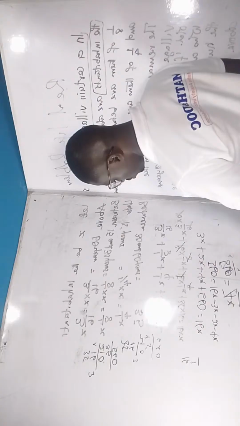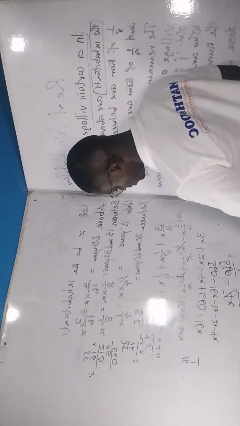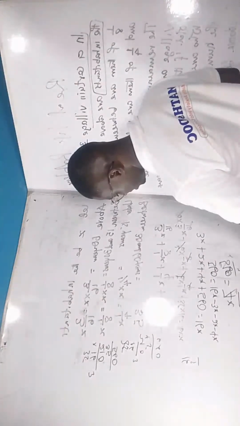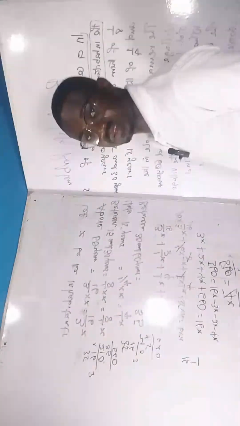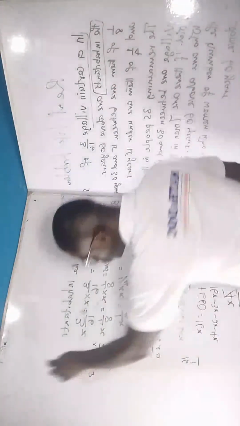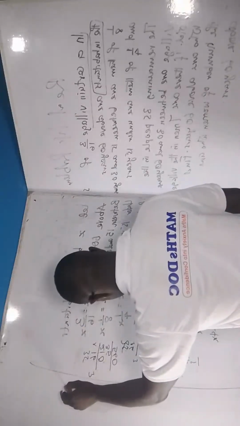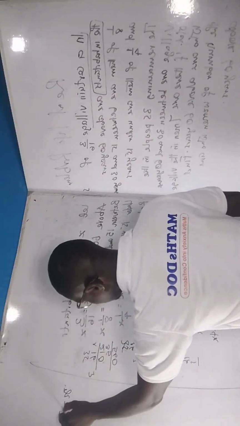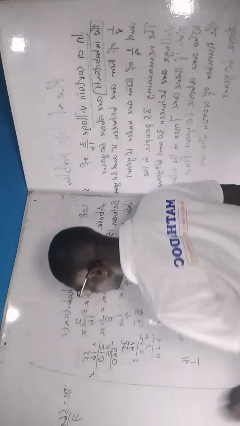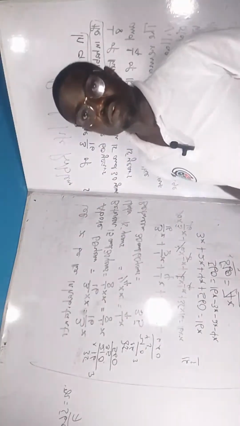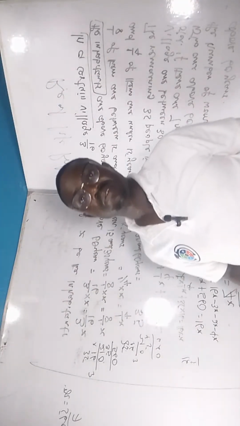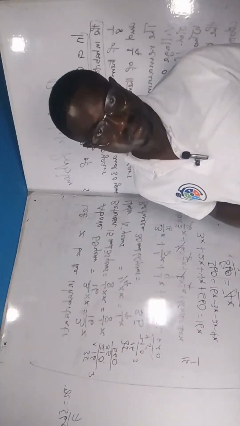So x is equal to 560 over 7. Please, are you getting it? So 560 divided by 7. What are we having?